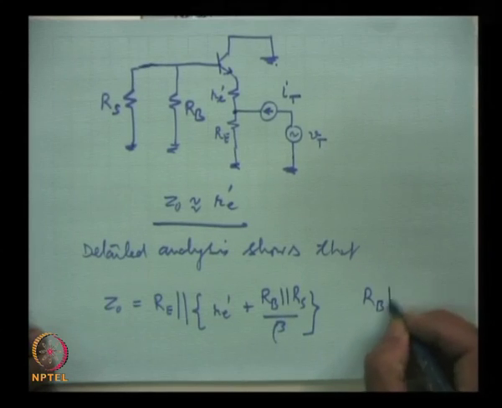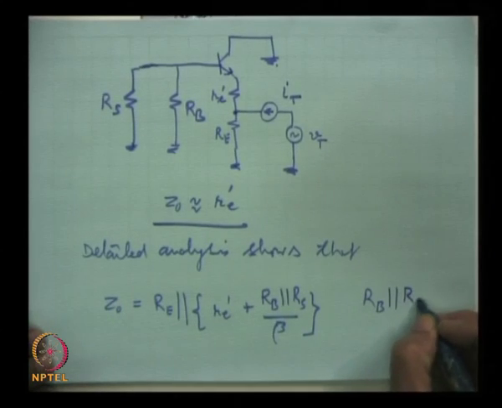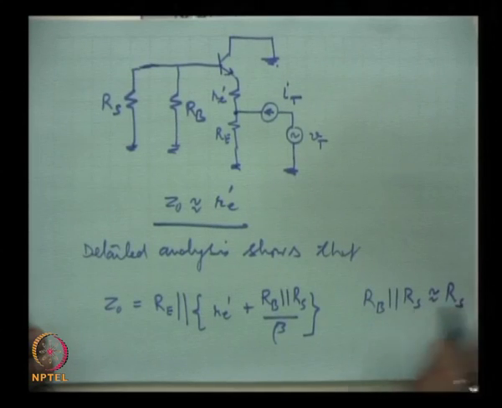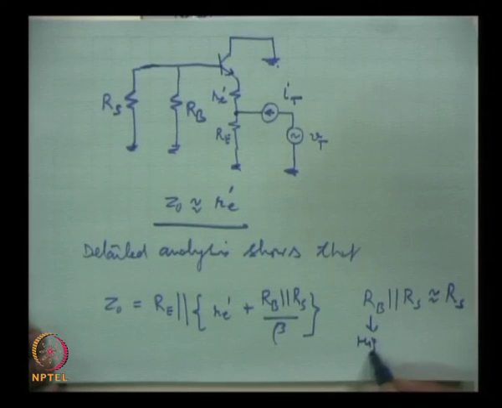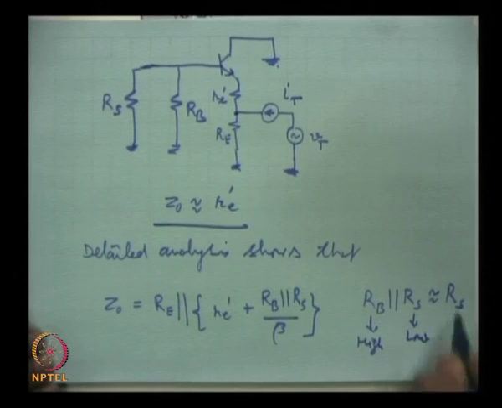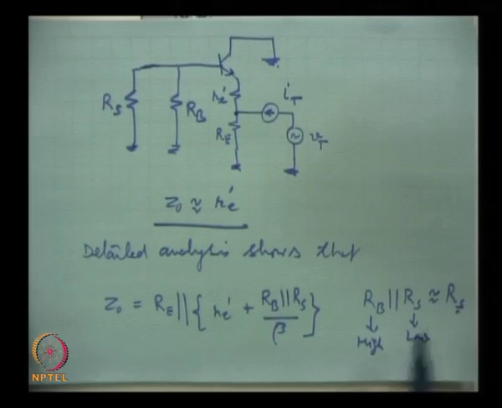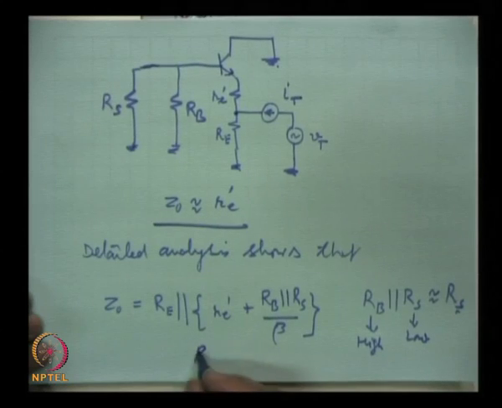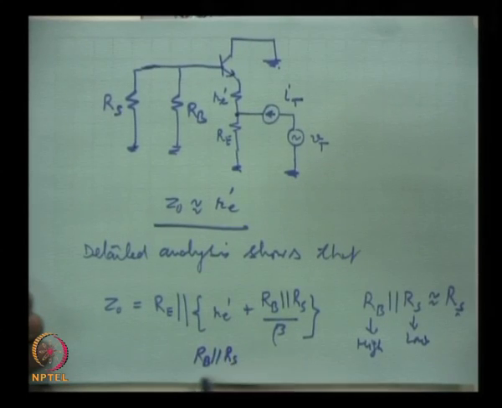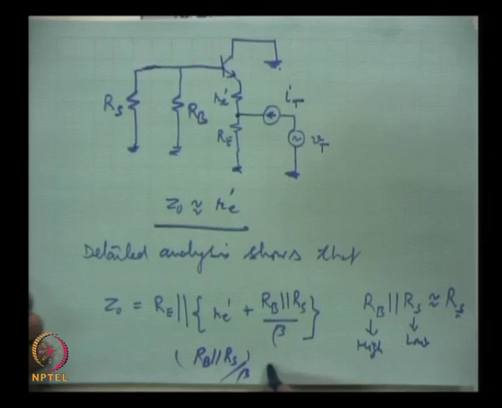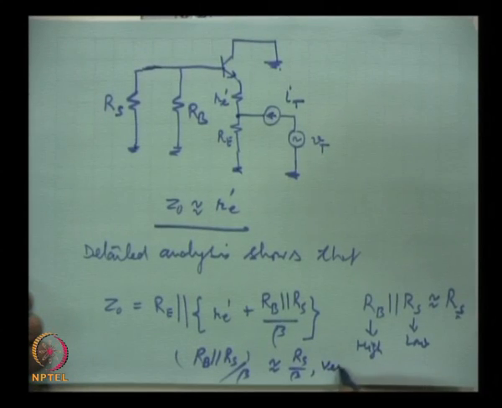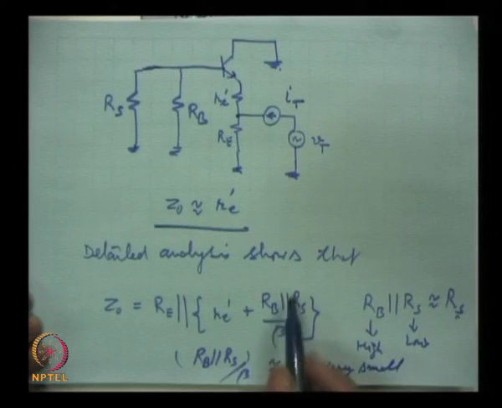So, Rb in parallel with Rs is equal to Rs, because this is high and this is low resistance, and when divided by beta, beta is 100, 200, so this becomes almost negligible. So, Rb in parallel with Rs divided by beta is equal to Rs by beta, and this is very small, so we can neglect it.